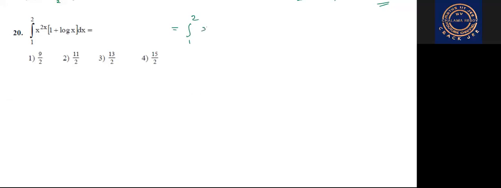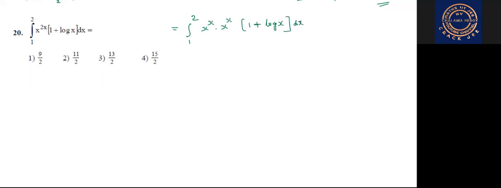See the 20th question. Integration 1 to 2 x power 2x. X power 2x means that is x power x whole square. X power x whole square, I am writing x power x into x power x into 1 plus log x dx.